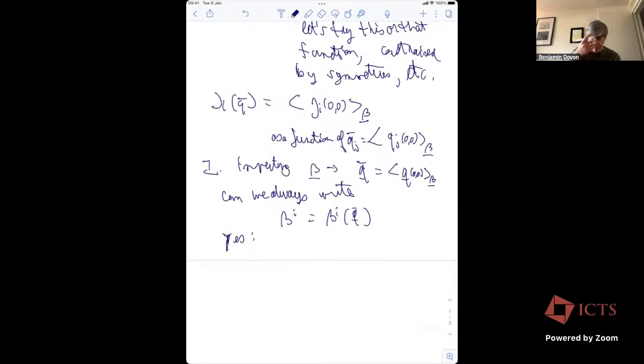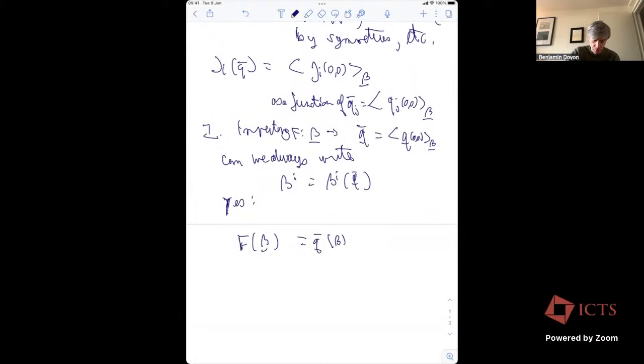You consider this function, which I call f for now, from beta to q. So f of beta is q bar of beta. It's a function with many indices, a vector function. And you look at ∂_{β_i} f_j.